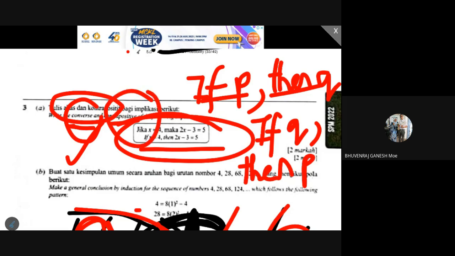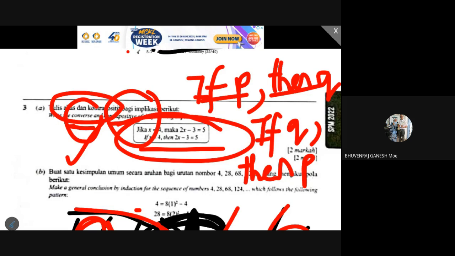Now the contrapositive, guys, how? What is the format for the contrapositive? What's the format, guys? No, not Shamnat. Not that one. I think you're confused a bit.